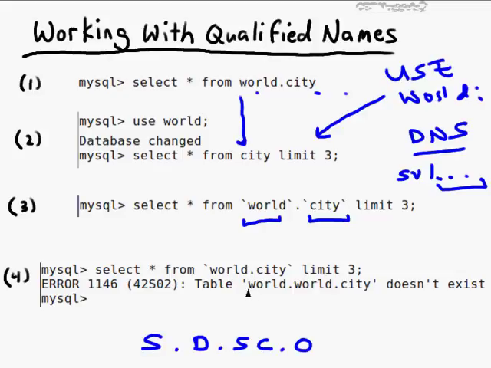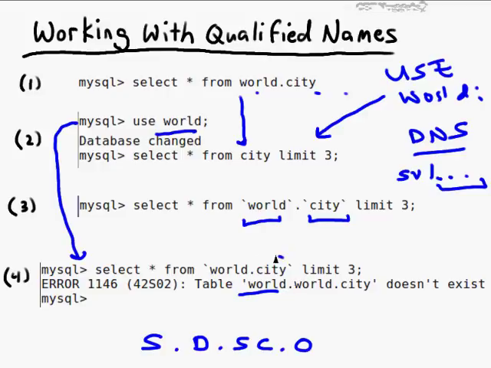Now, this assumes, just judging from this output, the fact that the MySQL parser prepended world to this, that we're still using the world database. So if you don't qualify a name and you are using a database, then MySQL will automatically prepend any table that you use in a query with the database that's being used.